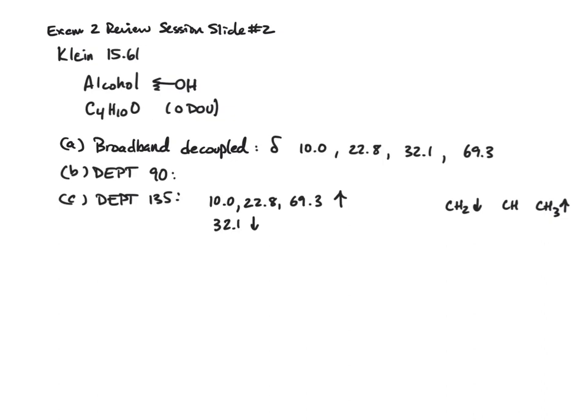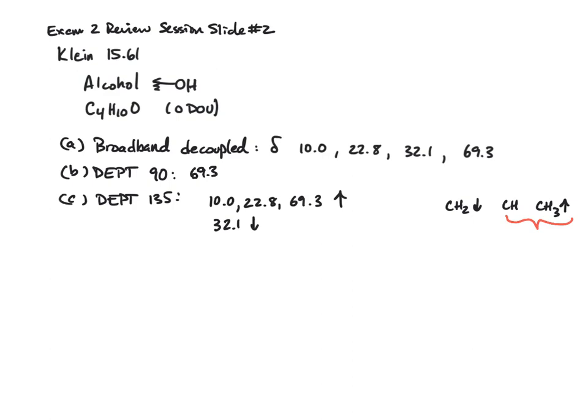So what does the DEPT 90 do? It takes this information here, which is sort of ambiguous, right? You have 2 signals that are phased positive. The 90 differentiates between those 2 and only tells you the CH. So it phases the CH positive, and in this one, that signal is 69.3.